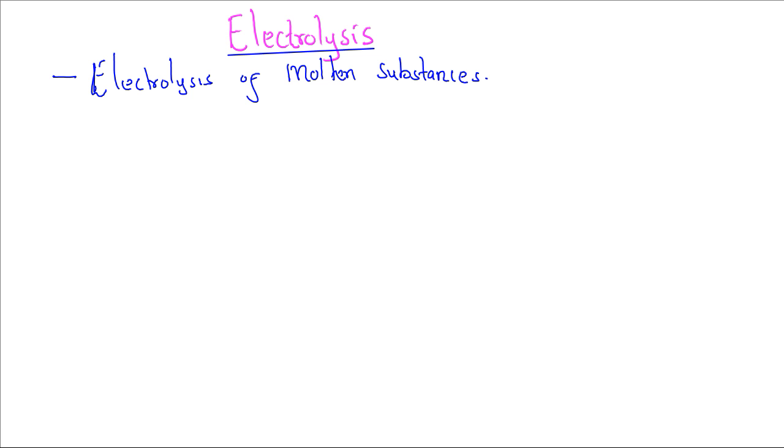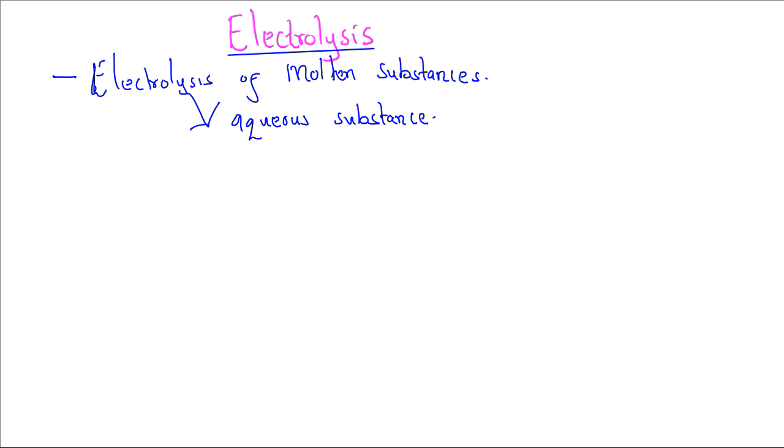Here we are going to discuss electrolysis of aqueous solution. So we'll discuss aqueous substances. That is what will create the difference between the electrolysis discussed here and the one in the Form 2 chemistry.